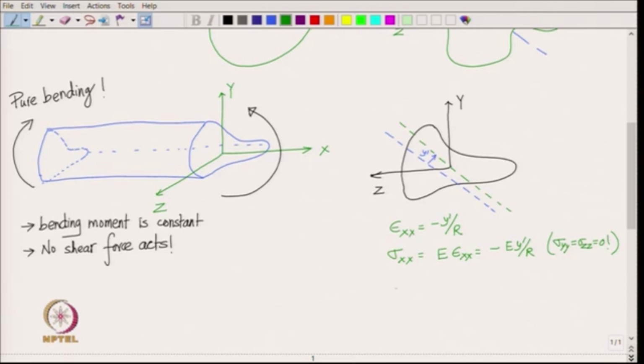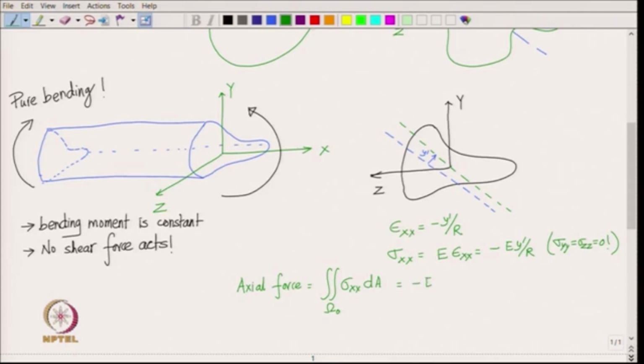Okay. So, if this is sigma xx, what is the axial force in the cross section? The axial force is then the integration of sigma xx over the cross section. Let us denote it by omega naught, and we plug in sigma xx here.